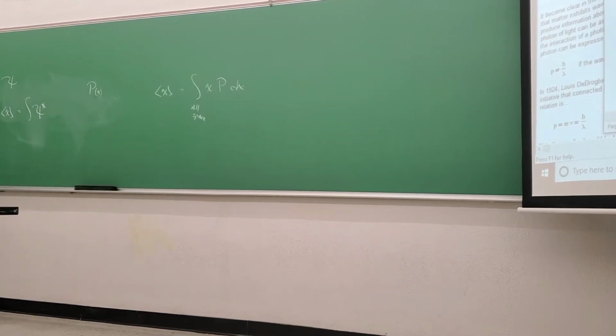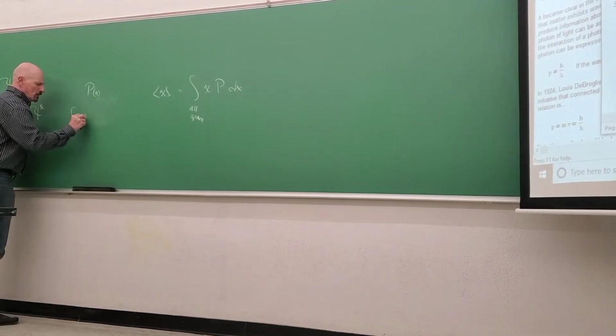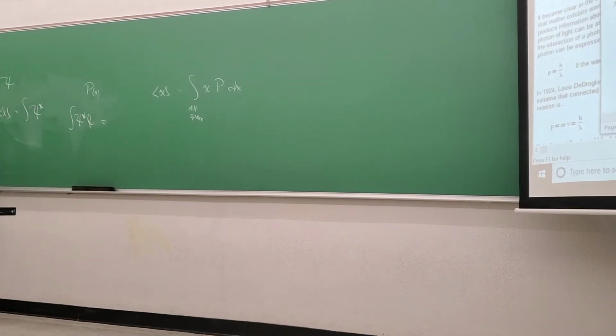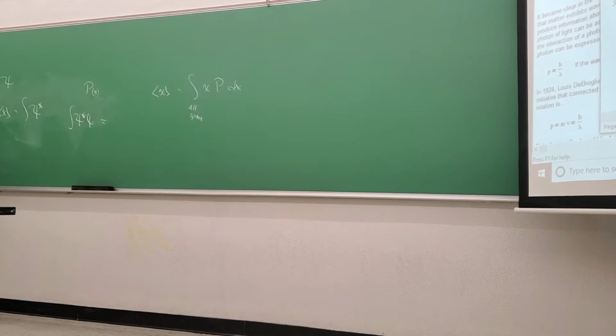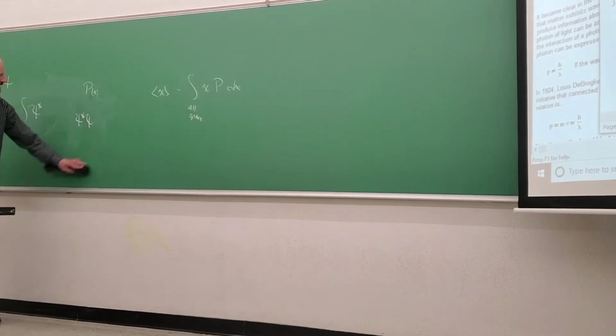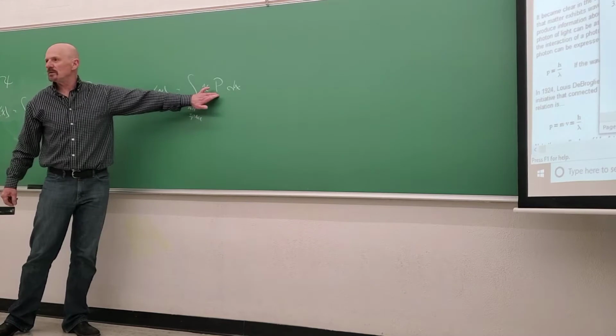If you did this, what you're claiming here, what are you going to get? 1. So I'm asking for an average, not a normalized probability. It works the same as this, except that, and what Carly kind of points out inadvertently, this is a probability. So psi star psi replaces your classical probability term here.